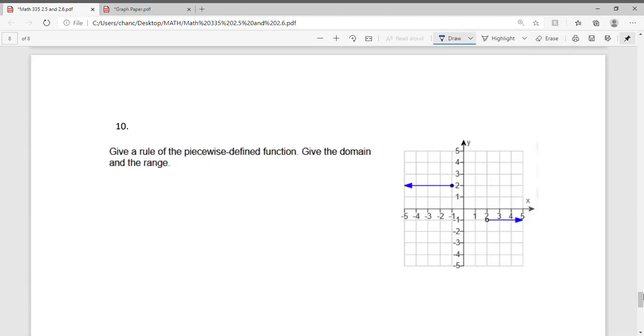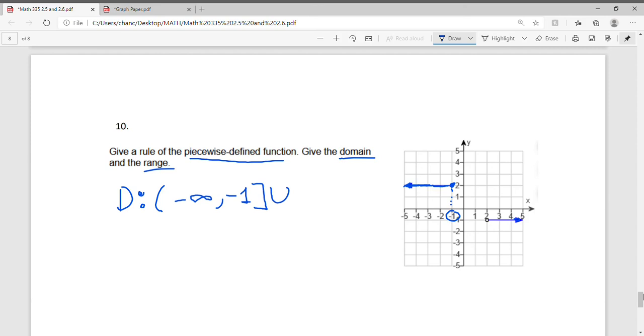Question 10. Give a rule of the piecewise defined function. Also give the domain and range. We'll start with the domain first. The domain is how far left the graph goes to how far right it goes. It goes to the left -infinity, and then it stops when x is equal to -1. We're going to put a comma, -1 with a square bracket because there's a closed circle here, and then there's a jump.